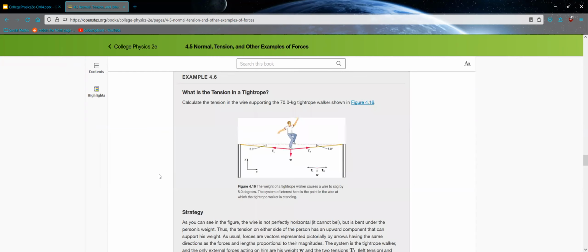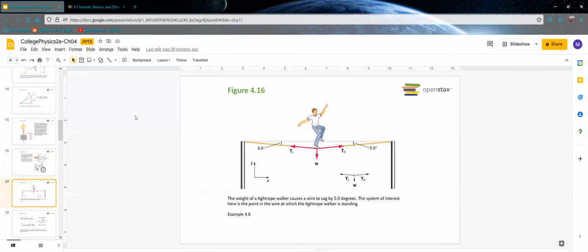Calculate the tension in the wire supporting a 70-kilogram tightrope walker as shown in the image here, right? This image gives us a bunch of information. When we say that, we can kind of picture a tightrope walker. What happens when you walk on the tightrope? Well, the tightrope bends a little bit. In this example, the weight of the tightrope walker causes the wire to sag by 5 degrees when he's in the center of it.